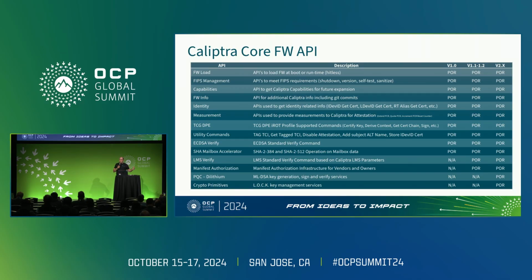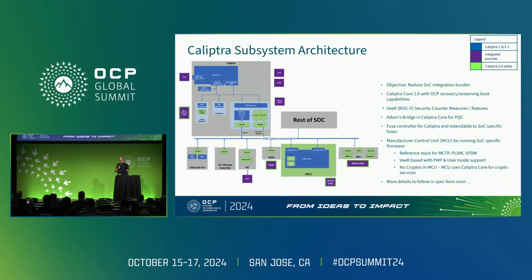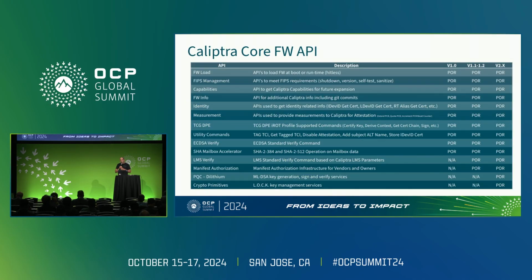If you were in the storage track, you saw a presentation from Microsoft and Google, Lee and Charles, on LOCK. Right? So LOCK is using all of this hardware, including an AES block. Again, something that ScaleFlux mentioned, that block cipher is coming on board here as well. It's using all of this hardware to build a key management subsystem. It's the same Caliptra, but with different firmware. And that key management subsystem is something that we want to see on SSD controllers. So this is the way to interpret what's going on at an API level.